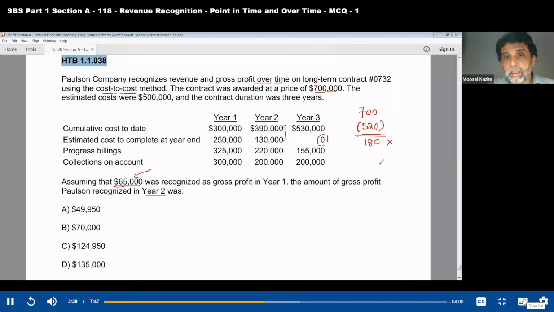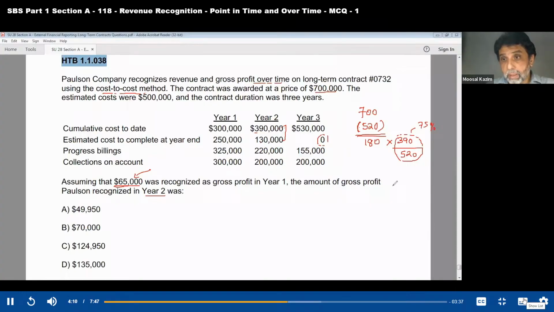To this, we apply the percentage of completion using the cost to cost method, which is 390, the cost incurred, divided by the total cost. Total cost is 390 plus 130, which is 520. So what's the percentage of completion? 390 divided by 520 as a percentage comes to exactly 75%.